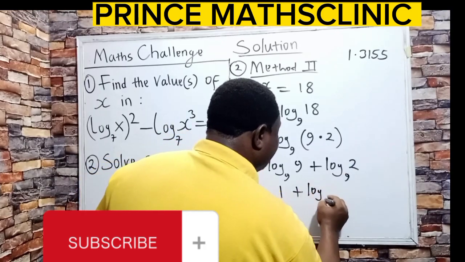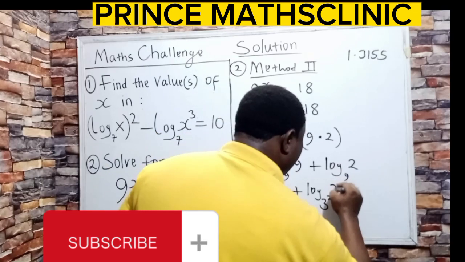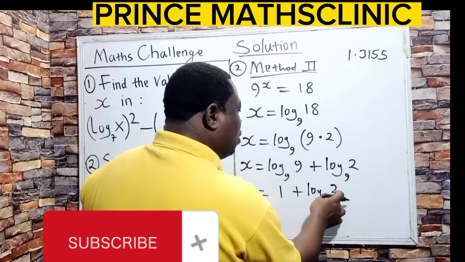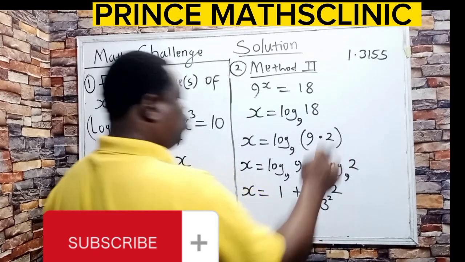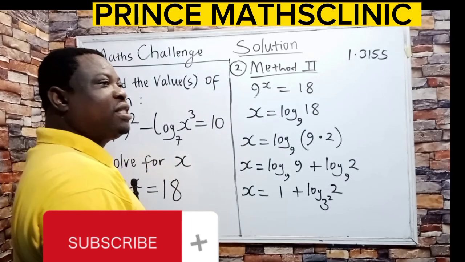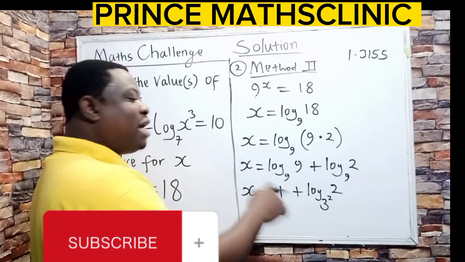Remember, this base can be expressed as 3 to the power of 2, but log of 2. And we know that when a base is carrying a power, you multiply the log with the inverse of that power.